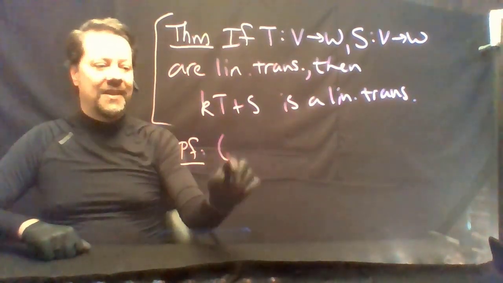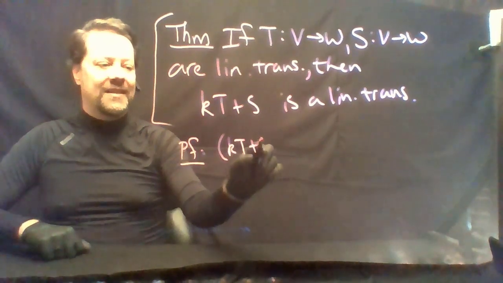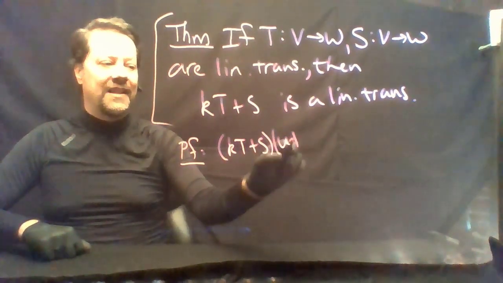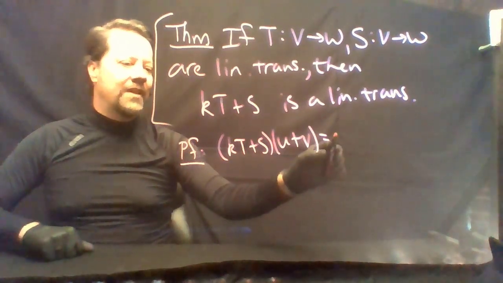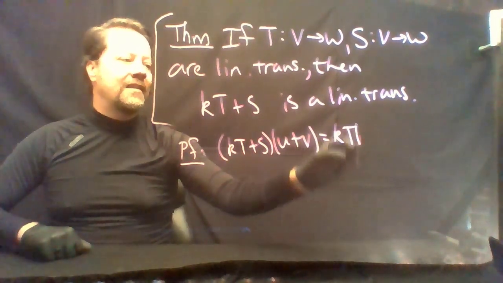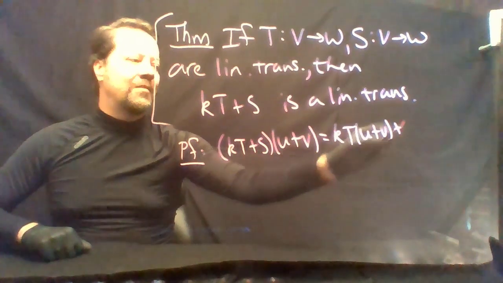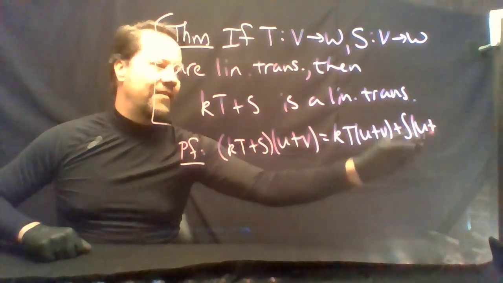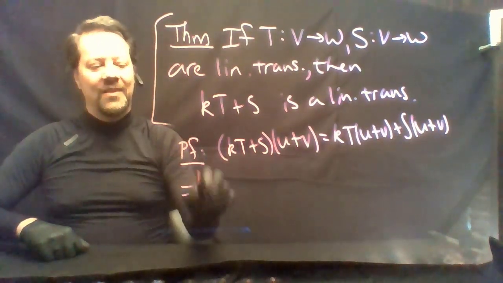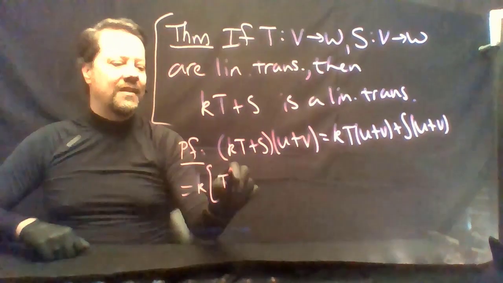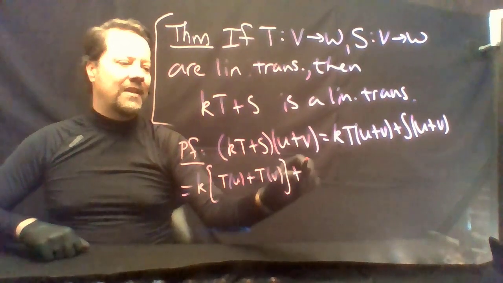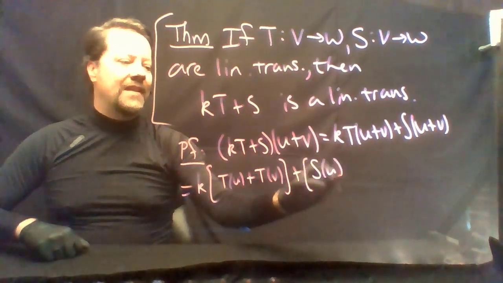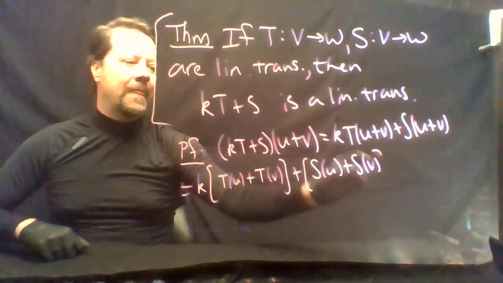All we have to do is take kT plus S and apply it to u plus v, which we can see is going to be kT of (u plus v) plus S of (u plus v), which is k times (T of u plus T of v) plus S of u plus S of v.